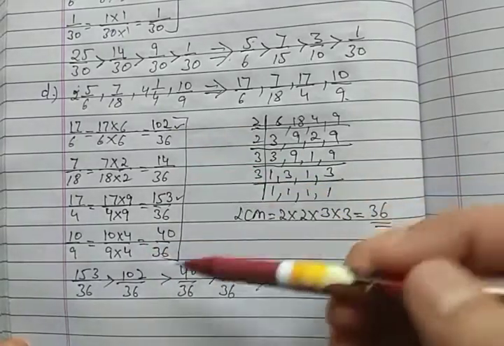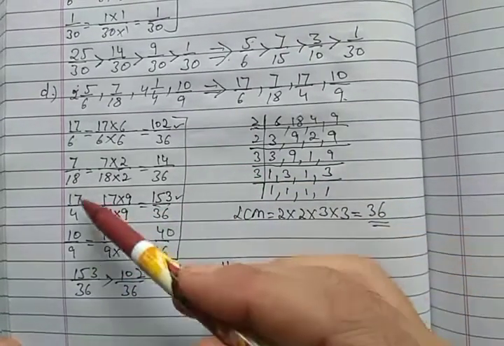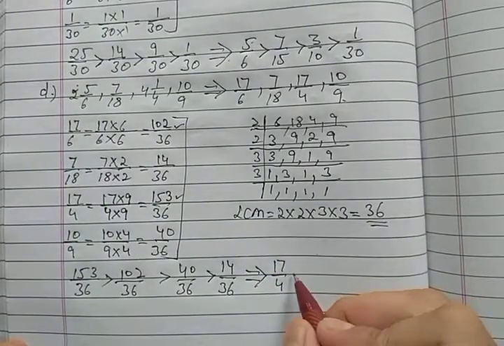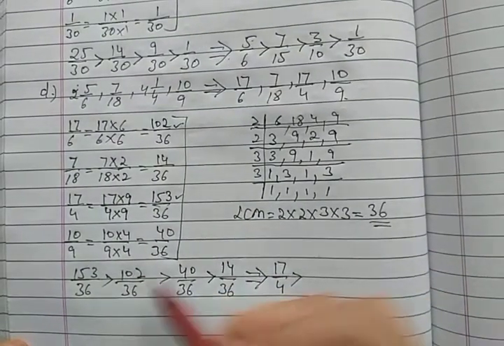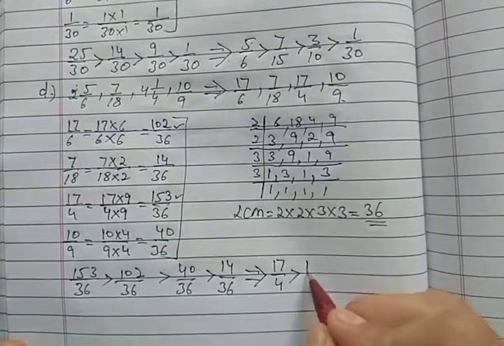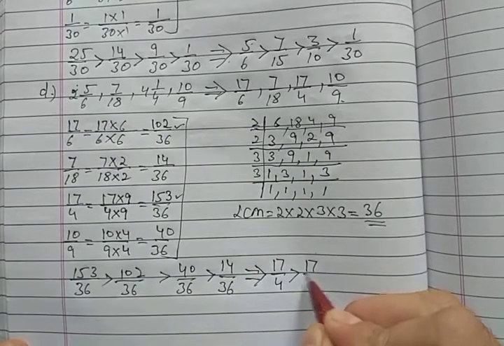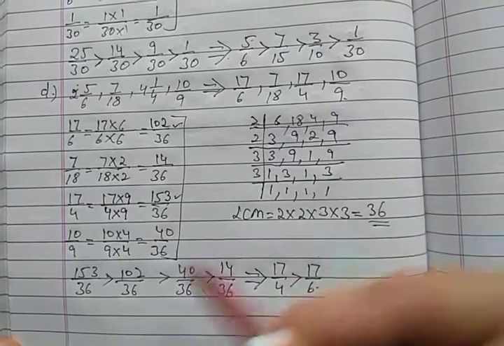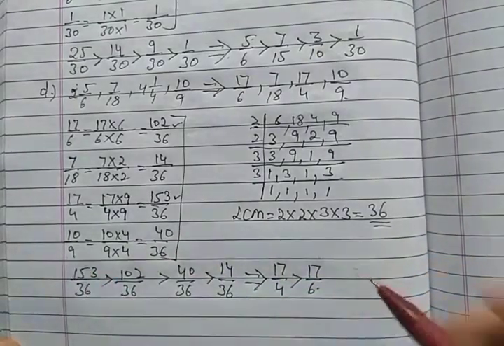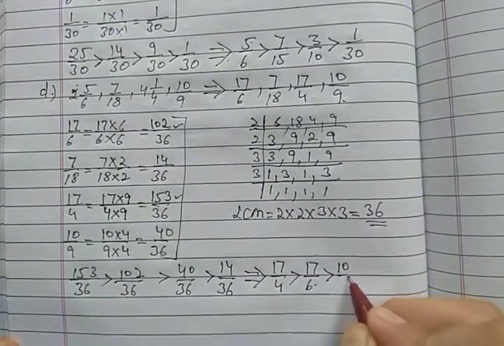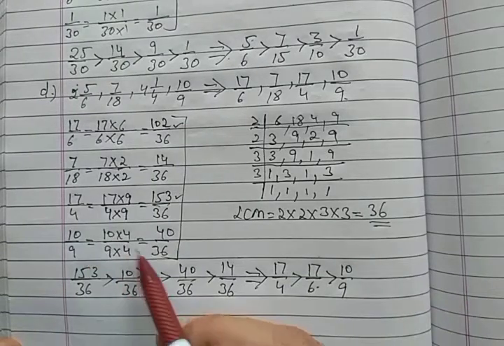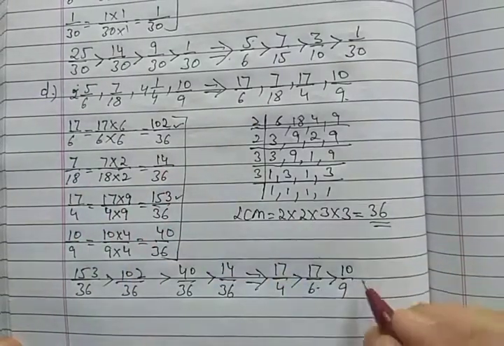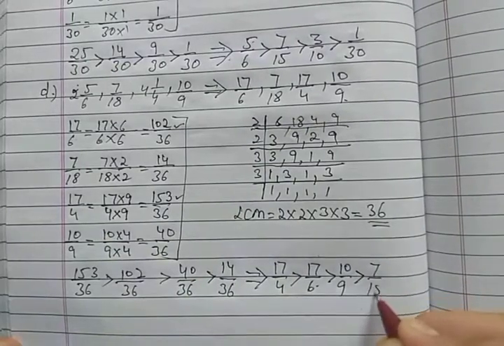So 153 by 36 was made from 17 upon 4, and then 102 upon 36 from 17 upon 6, then next is 40 upon 36, that is 10 upon 9, and the last one 14 upon 36 is 7 upon 18.